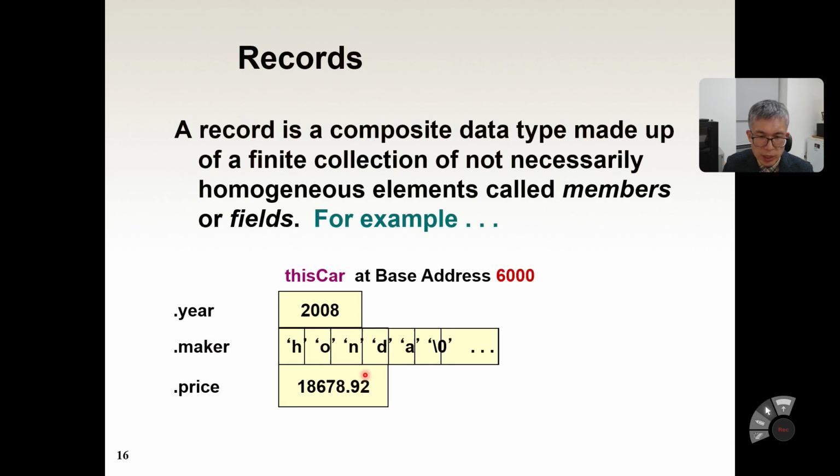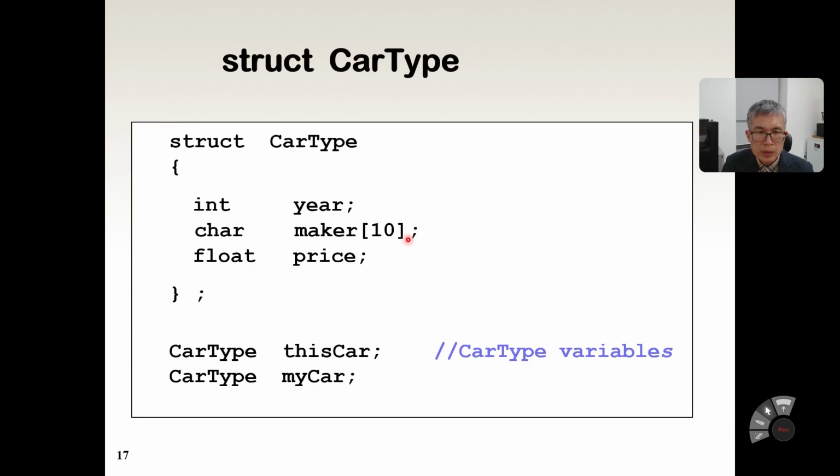The types are different: year is an integer, maker is a character string, and price is a floating number.